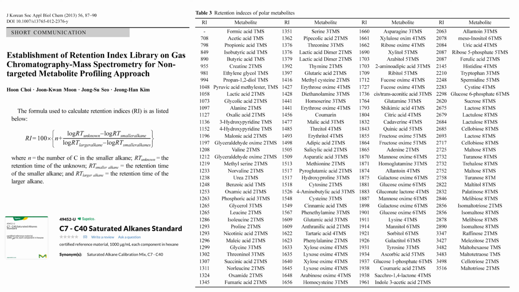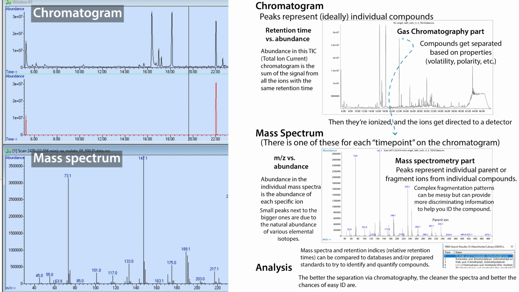So lots of cool stuff. Remember that these are the chromatograms, and this is the mass spectra. In the chromatograms, each of the peaks represents a compound, and in the spectra, each of the peaks represents an ion. The combined information is really helpful for trying to identify compounds.